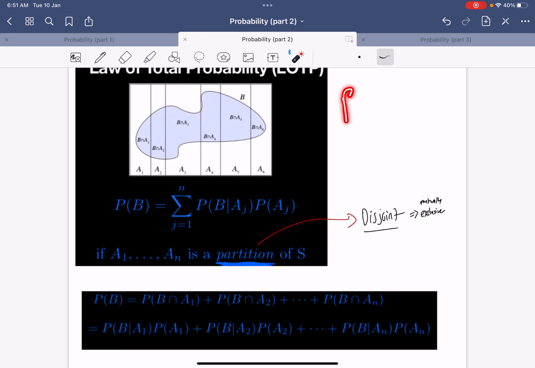And so the probability of B occurring is actually just the probability of B intersect A1, plus B intersect A2, plus B intersect A3, and so on. And each of these intersections can be represented as a conditional probability times the probability of Aj. And because they are mutually exclusive, you can just sum them all up by the axiom of probabilities.